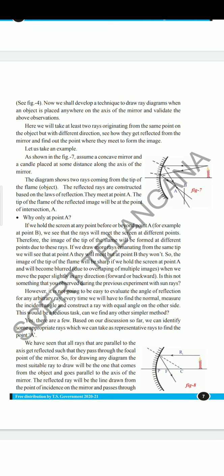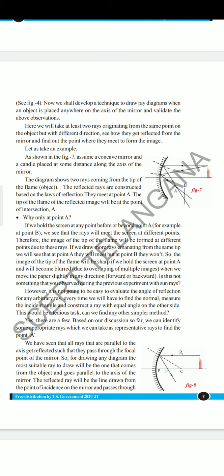The diagram shows two rays coming from the tip of the flame object. The reflected rays are constructed based on the laws of reflection. They meet at point A. The tip of the flame of reflected image will be at the point of intersection A.